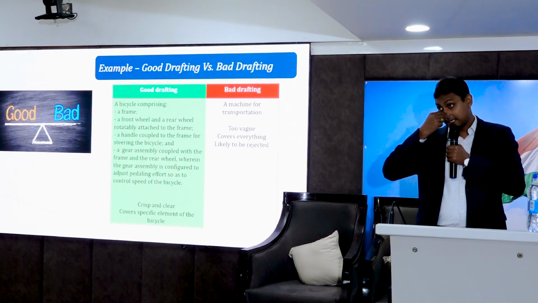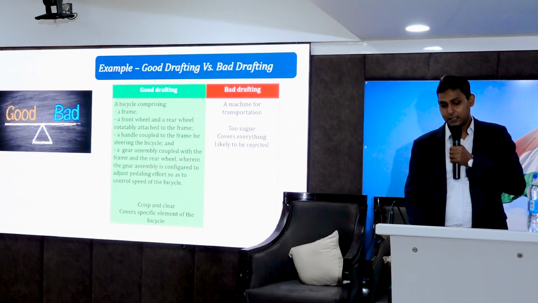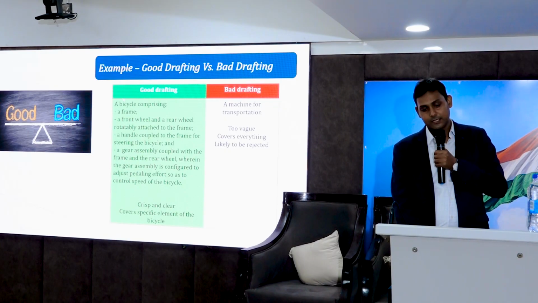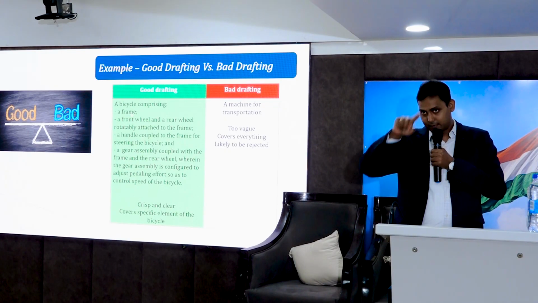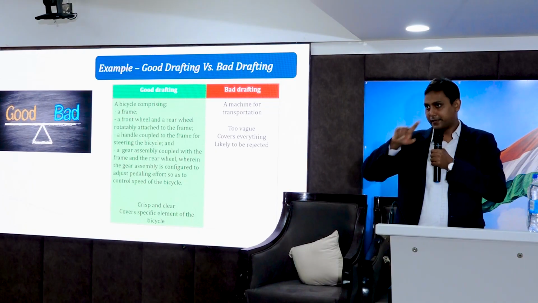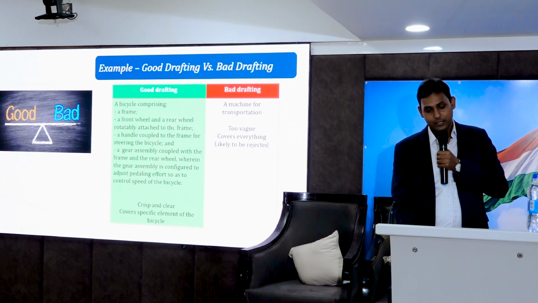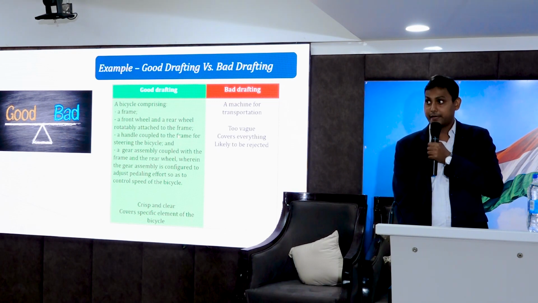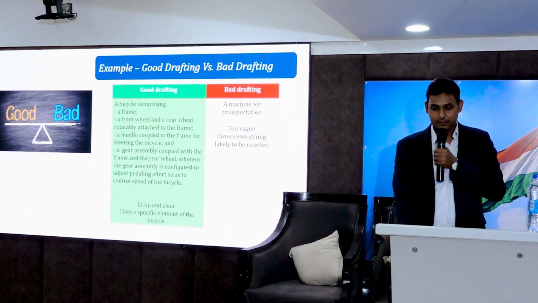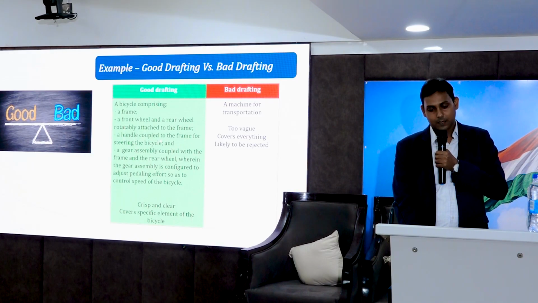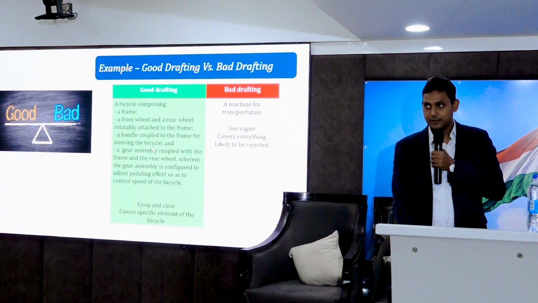See, each and every component is connected to each other. At first the component is a frame, like the triangular frame, right? Then a front wheel and a rear wheel rotatively attached to the frame, so they are attached to that frame. Then a handle coupled to the frame for steering the bicycle.